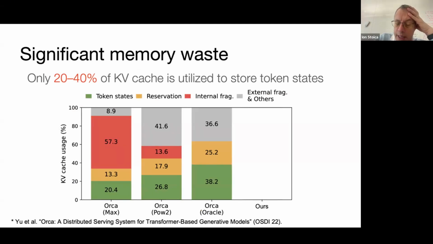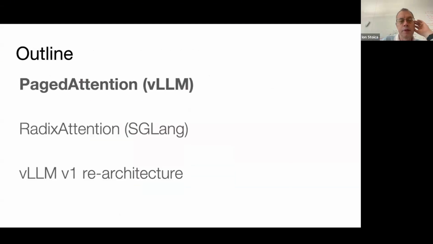This was Orca, the state-of-the-art system at that time, and you can go from 20% to 38%. And 38% is when you assume that you know a priori the length of the output. So even if you know the length of the output, the best you can do is 38%. So clearly it was an upper bound for those technologies.